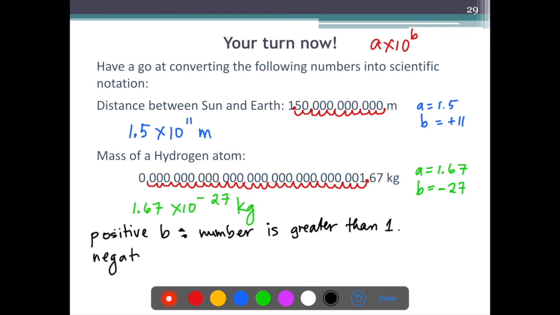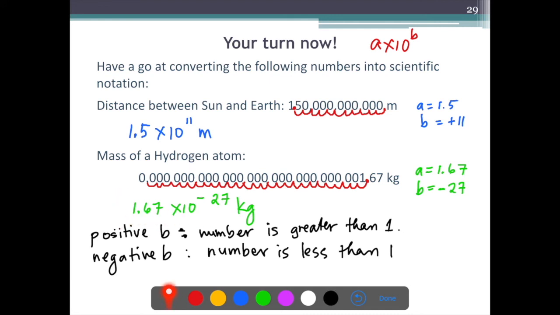And if you have a negative power, or negative B, that means that the number you've just written in scientific notation is less than 1. And that sort of gives you a clue.